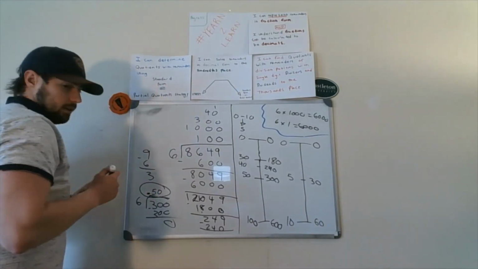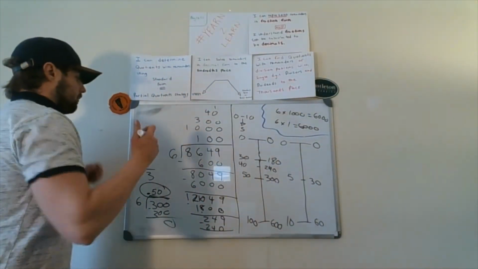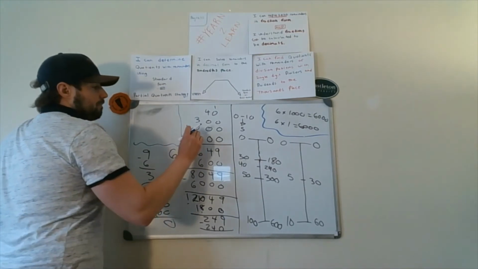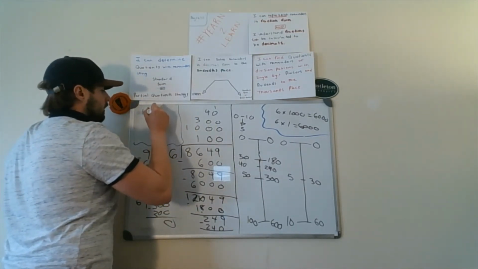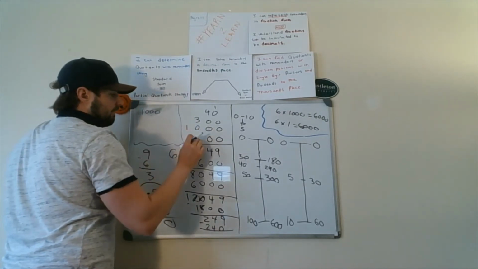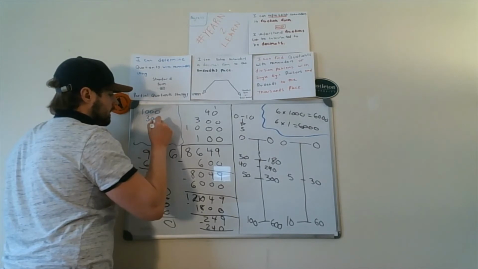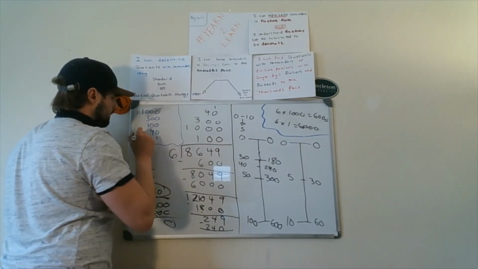Next step, I need to add my partial quotients and then add my decimal remainder. Let's do that right here. I'm going to do it in a different color because we're doing so much math work. Always want to add my bigger partial quotients first. I got 1,000. I have 100, 300. I have 100. I have 40. And I have 1.